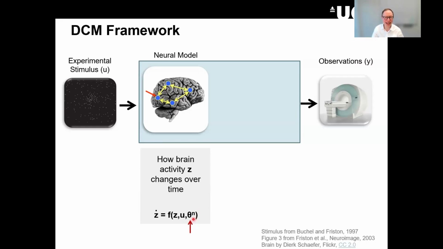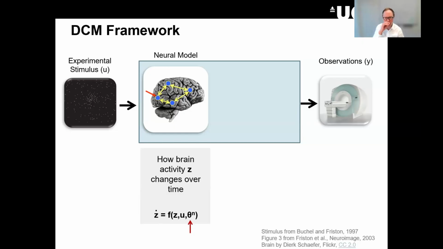And these parameters are the really interesting values. These, for example, encode the strength of these connections shown in yellow, or the sensitivity of particular brain regions to the input coming in. That's the stuff that we want to estimate from the data, and that's called parameters.